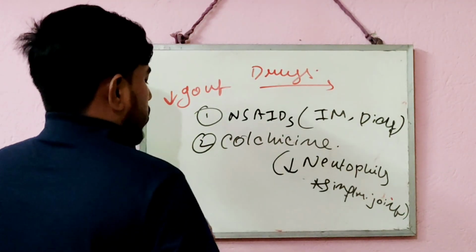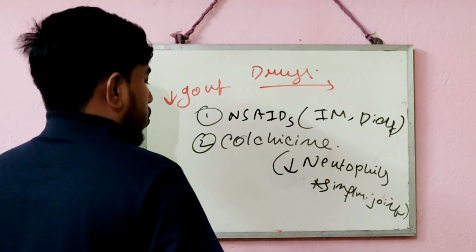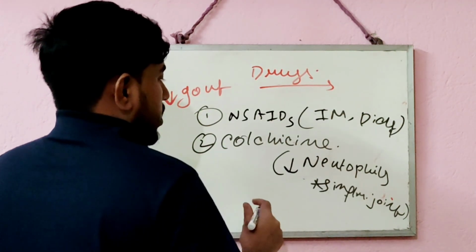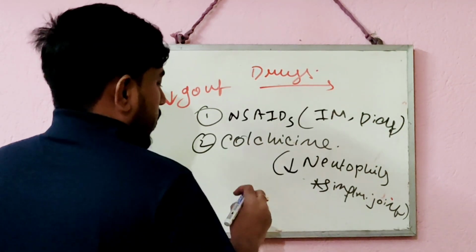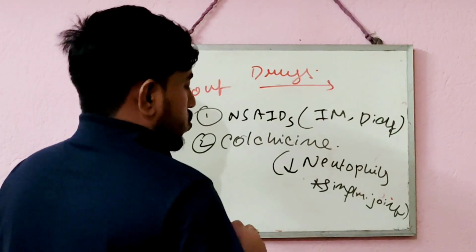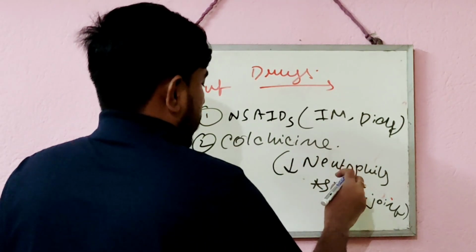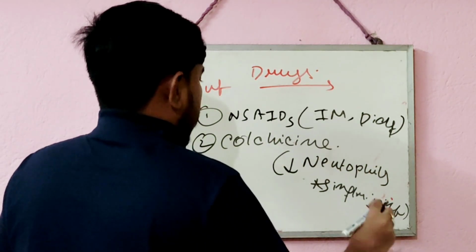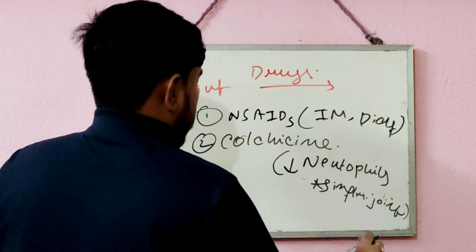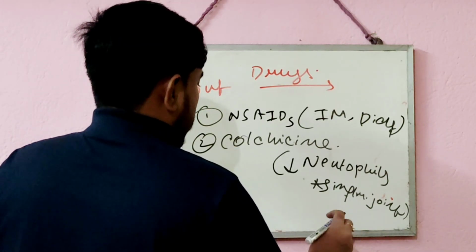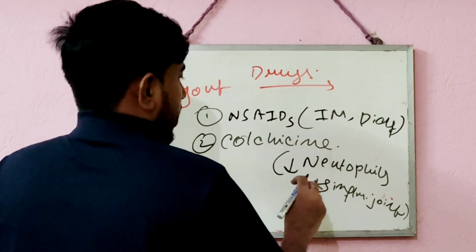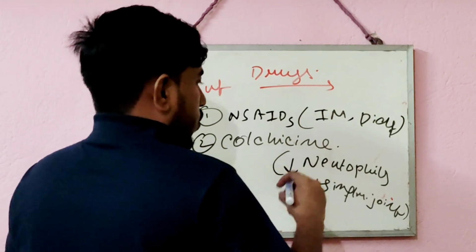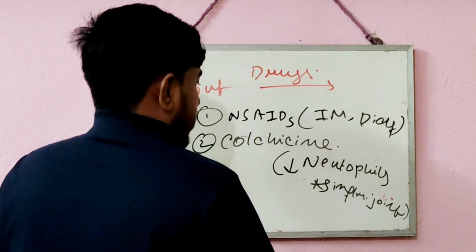It shows its action by inhibiting the migration of neutrophils from the normal bones to the inflamed joint, so that neutrophils can't go there and increase the inflammation. It reduces the inflammation by inhibiting the movement of neutrophils to the inflamed joint.